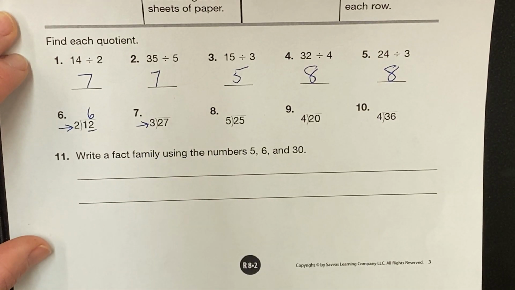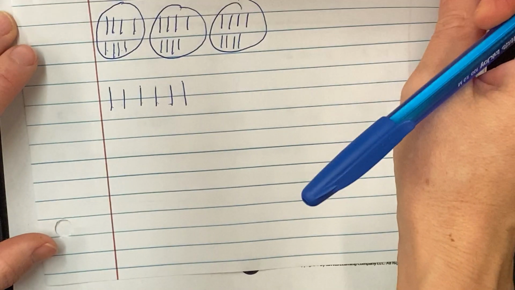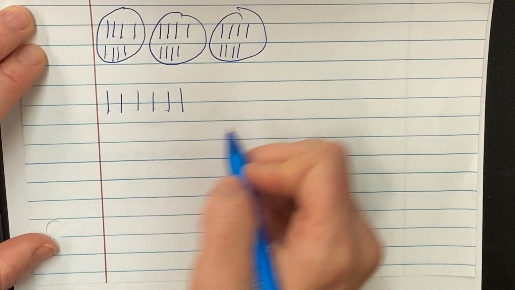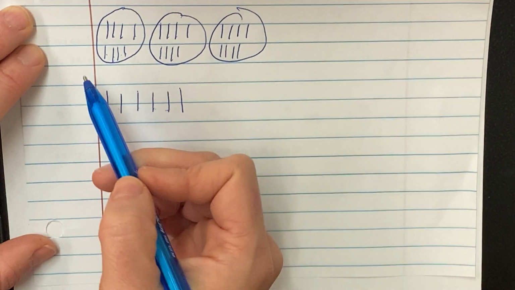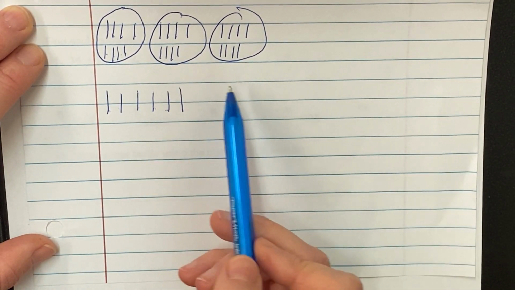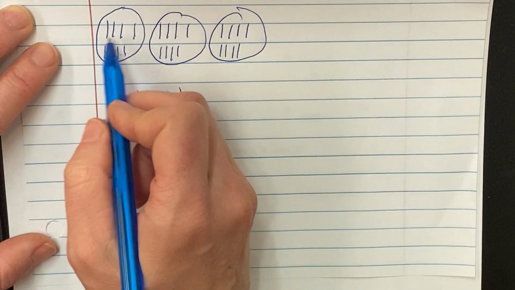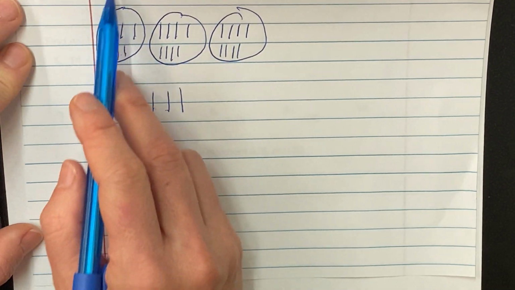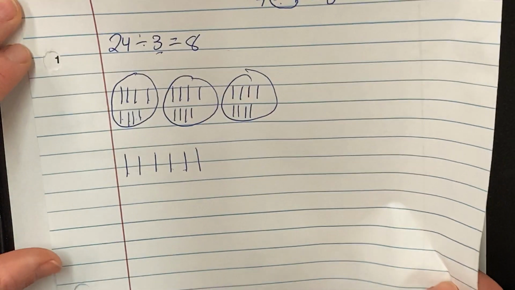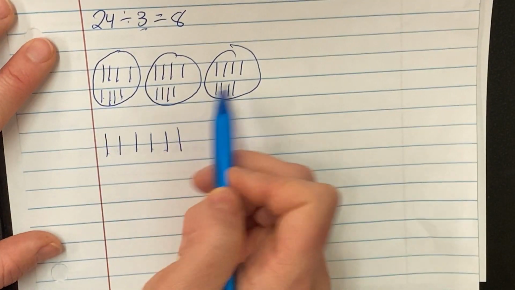Okay, 27 divided by 3. For this one, let's draw equal groups. Oh, I have an idea. I'm going to show you something. We just did this one, 24 divided by 3, and I needed 27 divided by 3, so I have already put 24 in here.